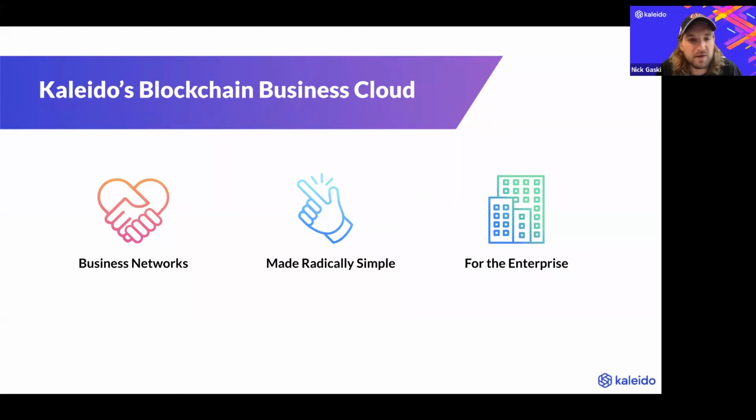So at a very, very high level, three core tenets define Kaleido: built for modern business networks, very much industry use case agnostic. We have a slide that touches on a lot of the different players that we have running in production, so you'll see how expansive and diverse that is. The platform itself is very easy to use, radically simple, whether in the console, creating networks, creating blockchains, standing up services, or at the developer layer with our APIs.